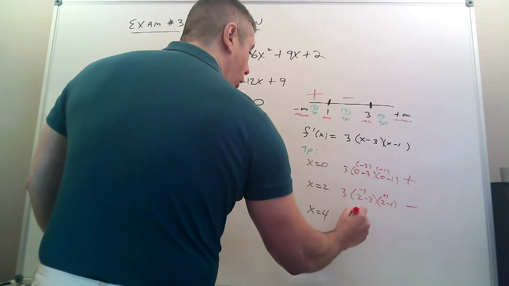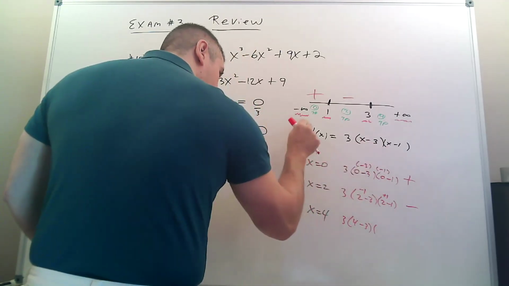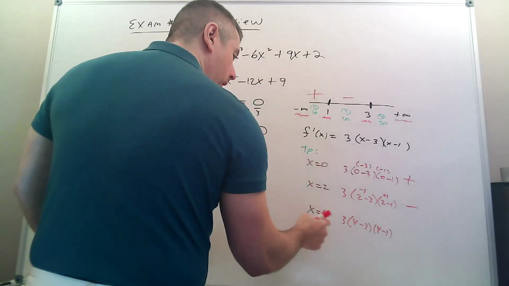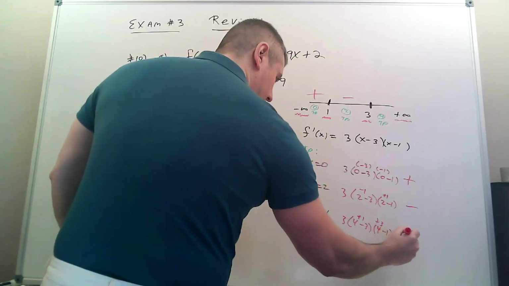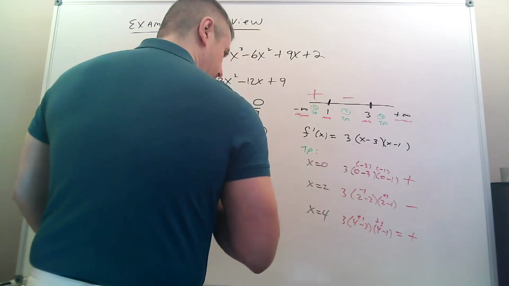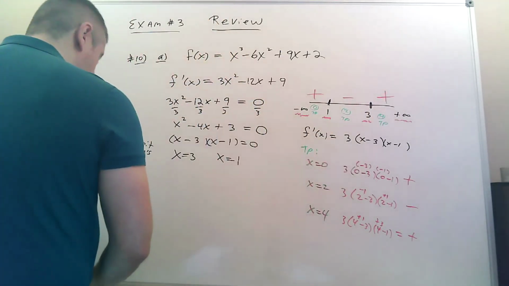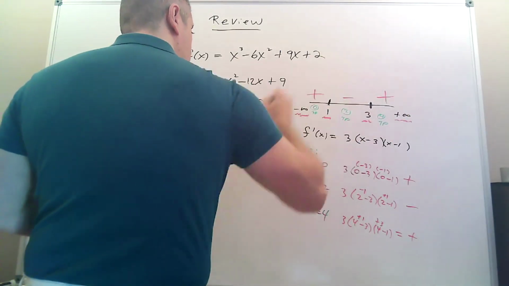Now you plug in 4 for x, right? Everywhere you see x in your derivative, you plug in your test point. That's +1. That's +3. So yes, that's +9. It gives you a plus. So that meant that this graph went up, down, up.